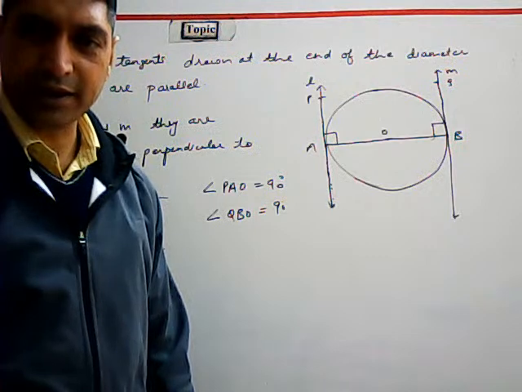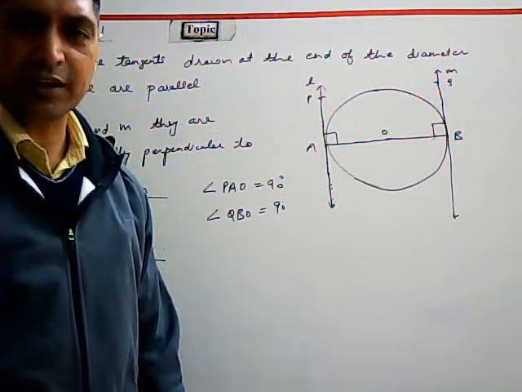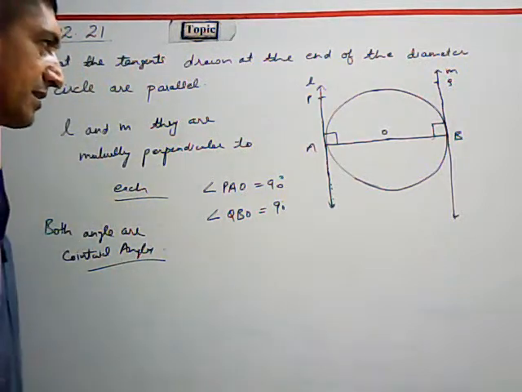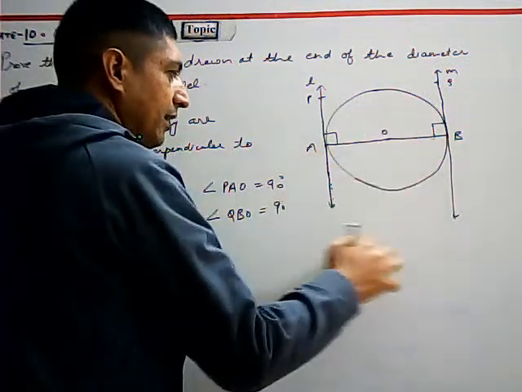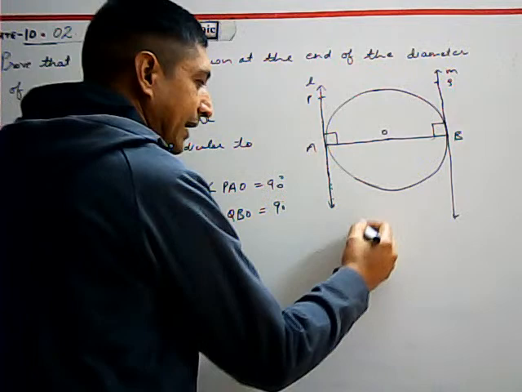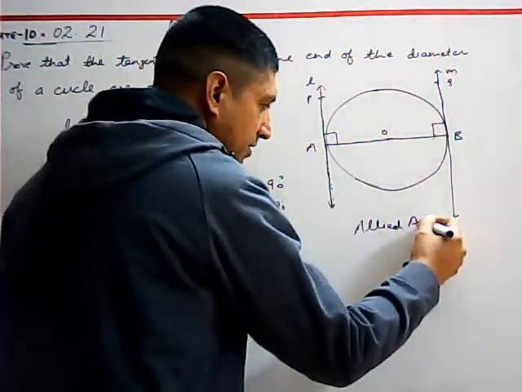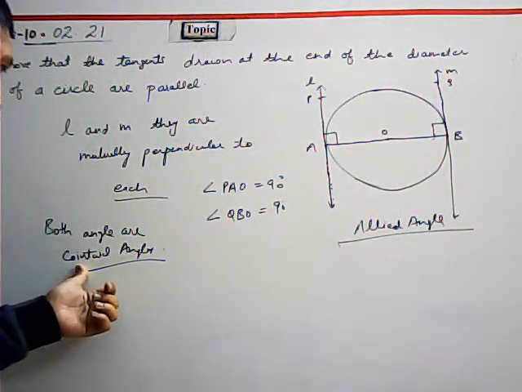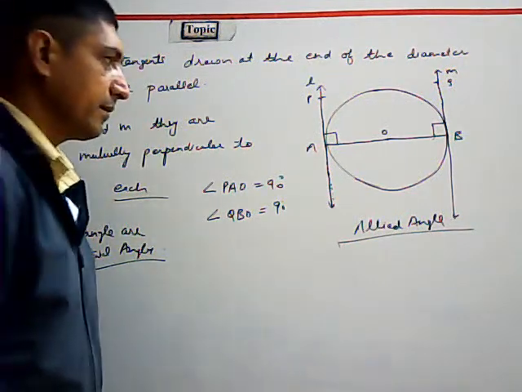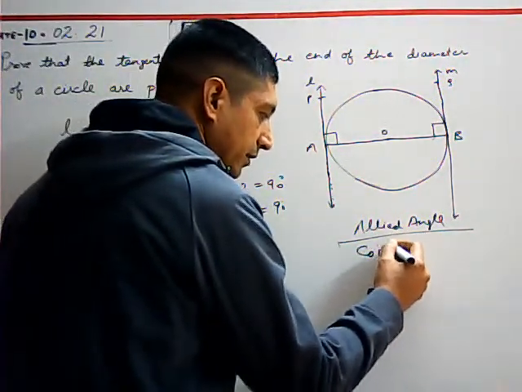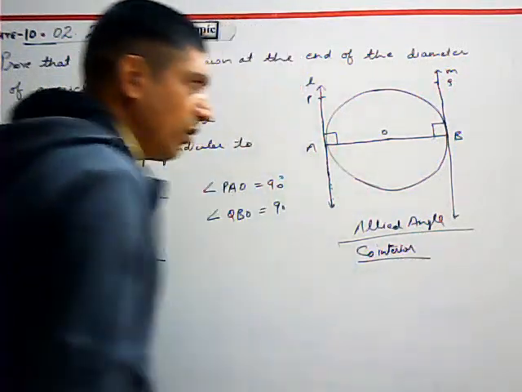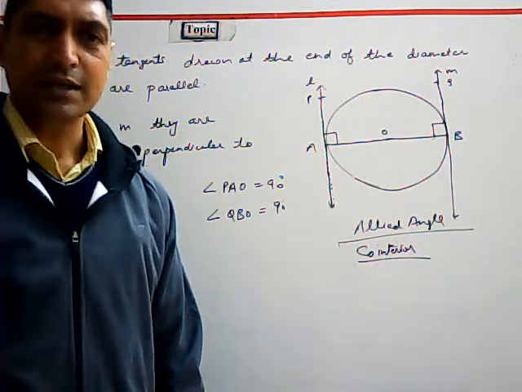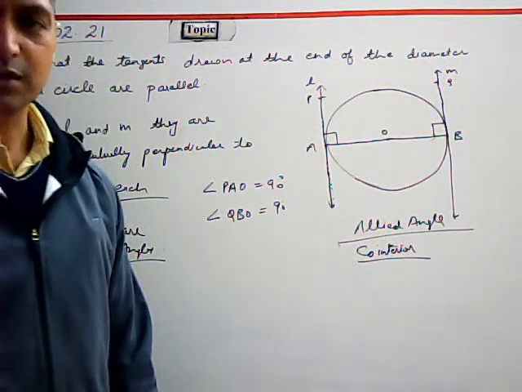It is not about corresponding angles, it is co-interior angles. Please note it down. We call these co-interior angles or allied angles, the angles on the same side of the transversal, right?